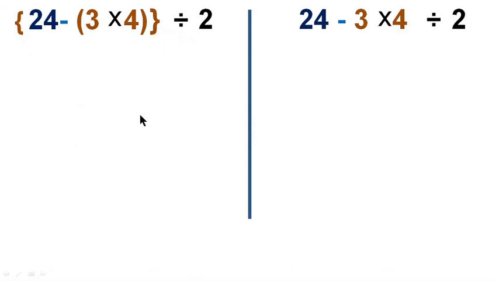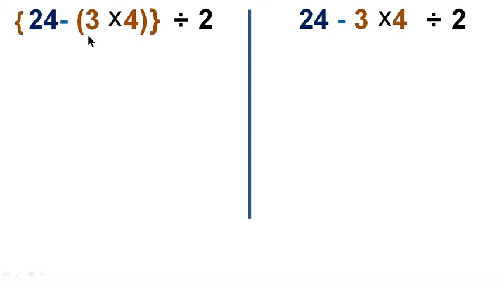This one is another example of a changing answer from the same simplification. In the first simplification we have used a bracket, and in the second simplification, same simplification, 24, 3 multiplied by 4, divided by 2, both are same.